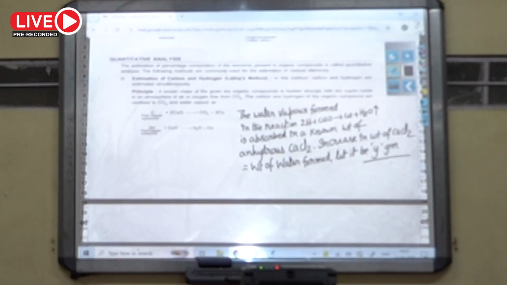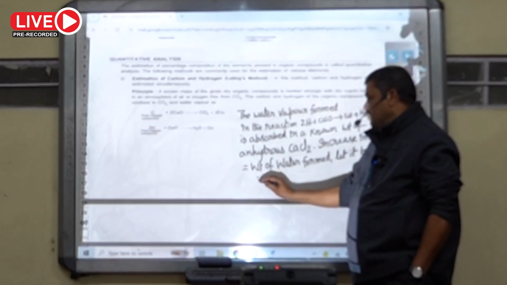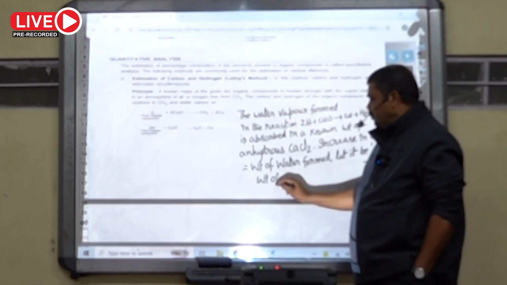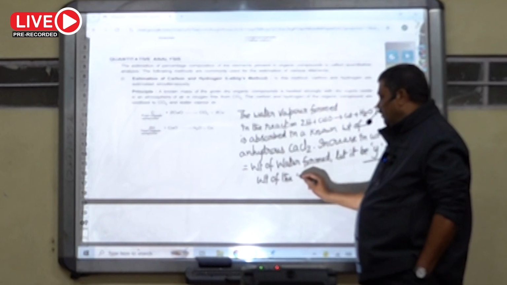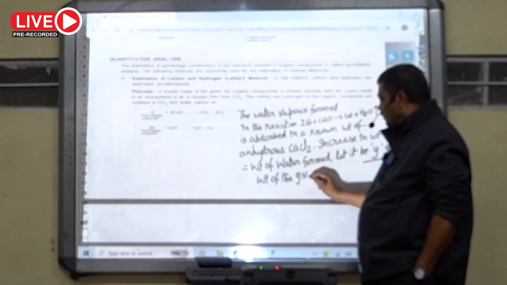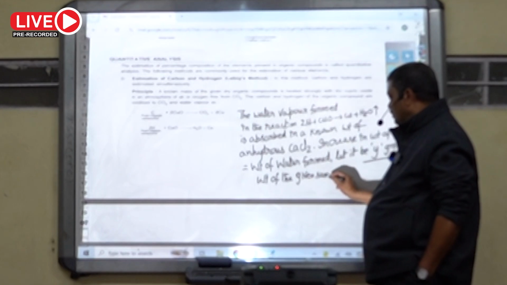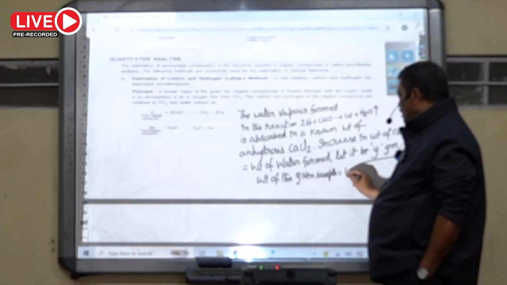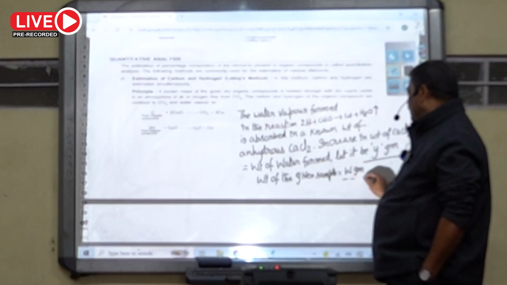So whatever the water vapor is coming, that is directly absorbed in anhydrous calcium chloride, whose weight is known to us. So whatever the increased weight, that is equal to weight of water vapor formed. How much water vapor is formed? Y grams. Weight of the given sample is W grams.